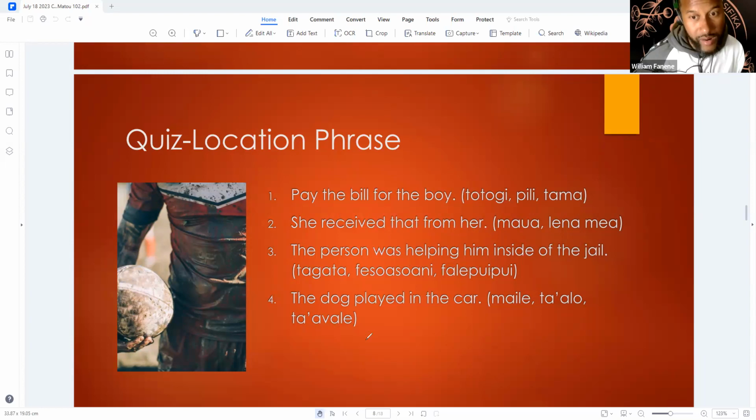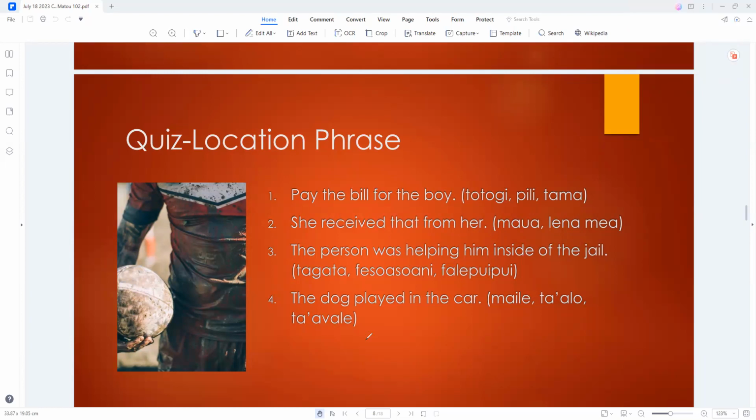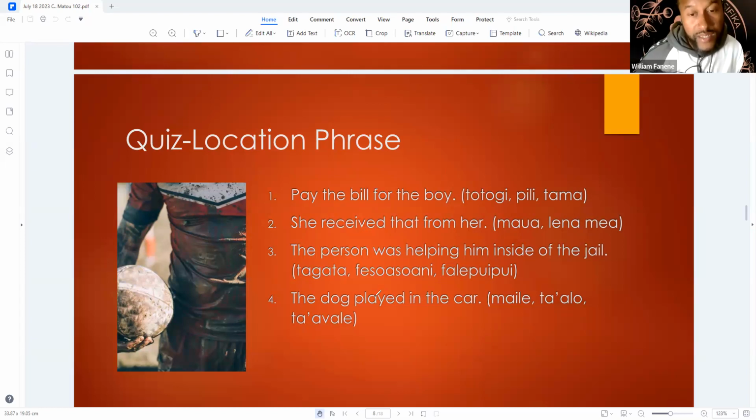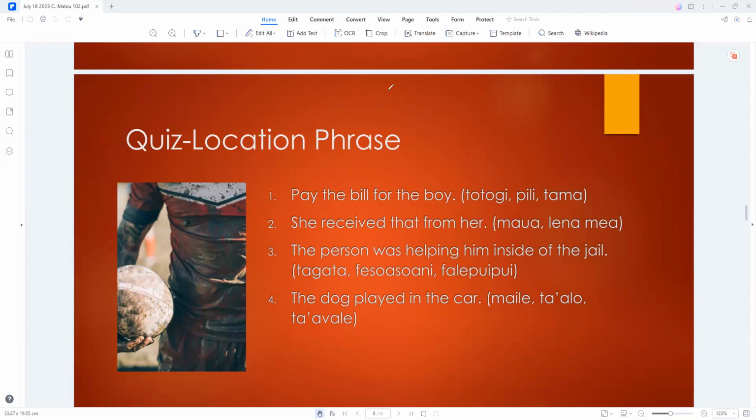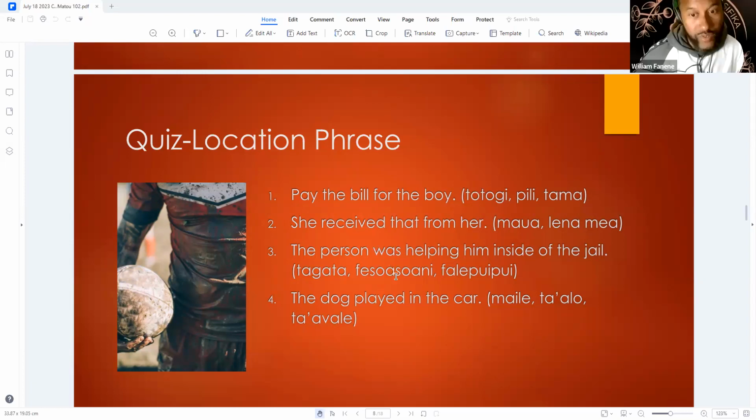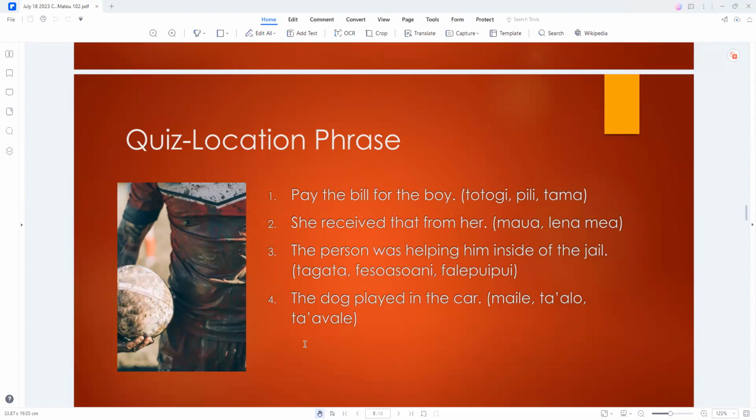What would be our verb? Okay, go ahead. Which one was helping? To help is fesosoani. Fesosoani, yep. Okay, that's a hard one. So olo fesosoani, le tangata.